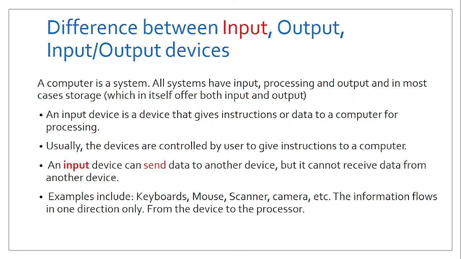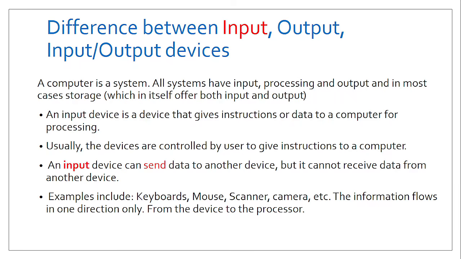More specifically, input devices are there to give instruction. When you want to instruct a computer to perform a particular task, we use the input devices. The idea of input devices is to send data to the computer itself.